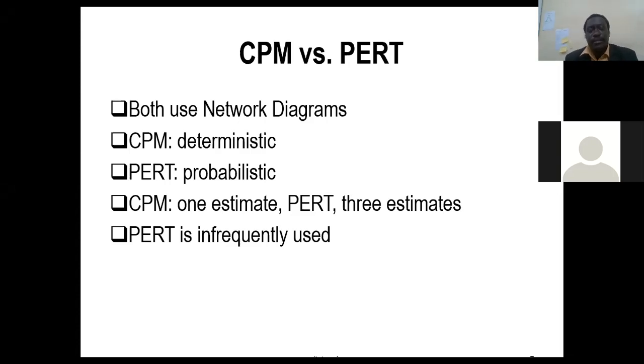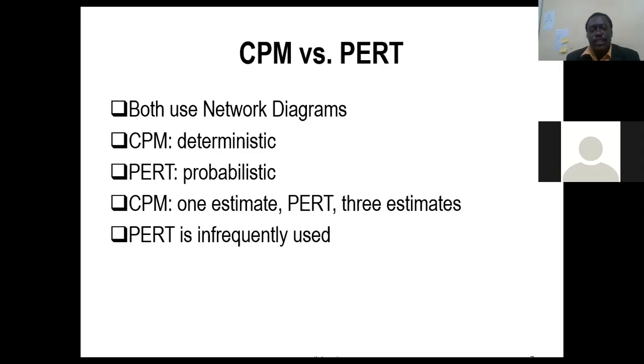PERT uses a lot of probability. So you have to plan for the worst scenario and the good scenario. You take into consideration all those kinds of things: the favorable events, the likelihood of events to happen, the uncertainties, and so on. That is PERT, the Project Evaluation Review Technique.